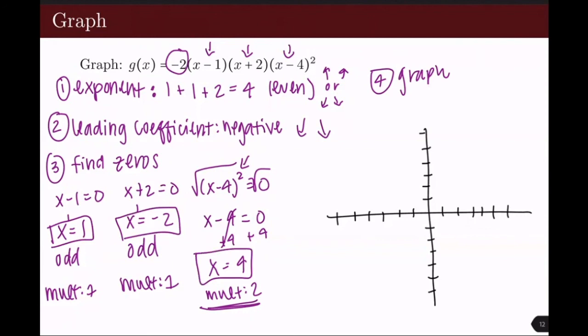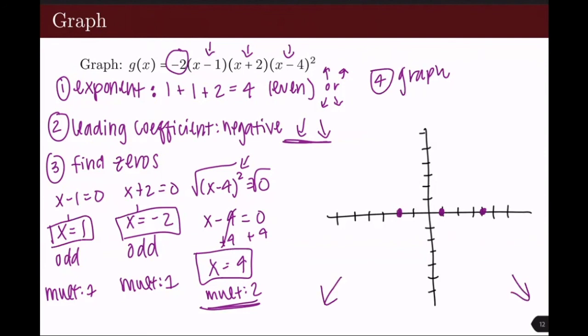So here is -2, here's 1, and here's 4. All right. Next, I'm going to remember that from step 2, I'm going to be tending down and down on both sides. So that means I need to start from down here, and I also need to end down here, right?